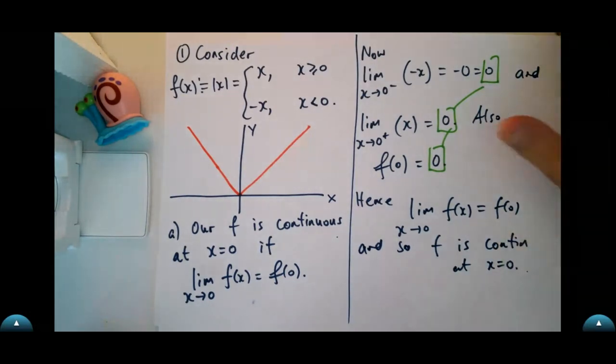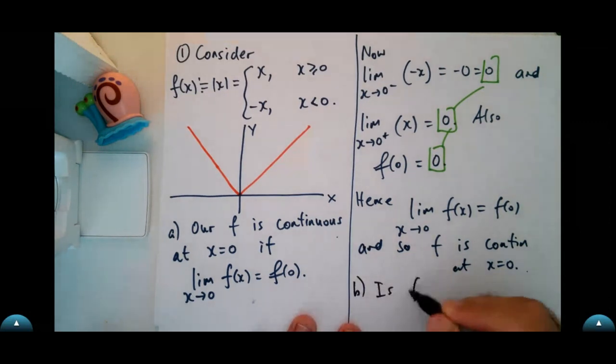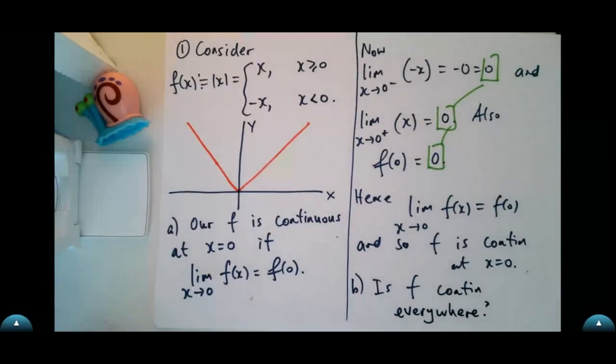But in part B, is f continuous everywhere? In other words, for all x points. What would you write down if you were solving this problem? Let me know in the chat. What would you write down? Smash that chat button.